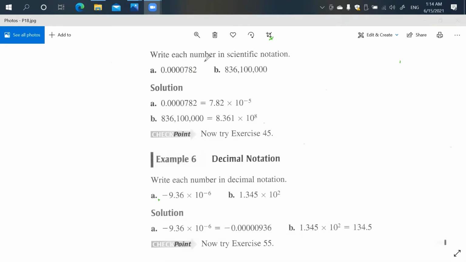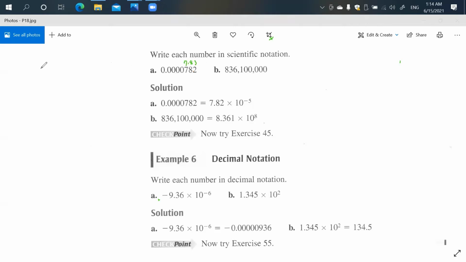Okay, write each number in scientific notation. Right now they give us decimal notation to convert to scientific notation. Question A has 0.0000782. In this case, it's a small number, so we have to convert until we get 7.82.